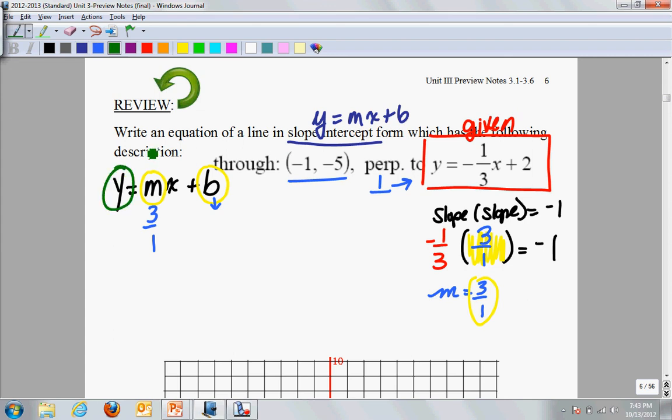We have a y right here in the point that's been given. So we're going to circle y, draw an arrow, plug it in. And we have an x. Can you circle x? Circle the x up here, draw an arrow, plug it in.